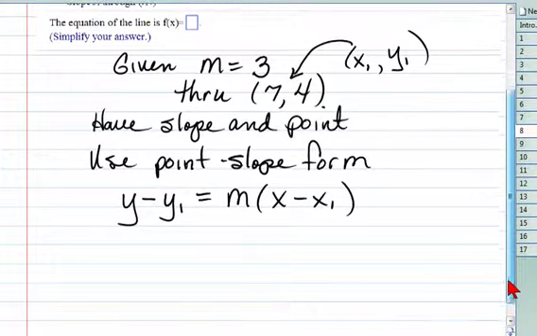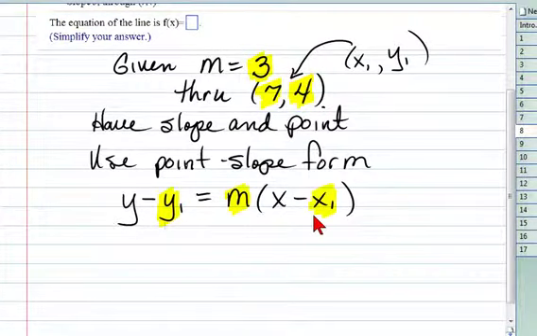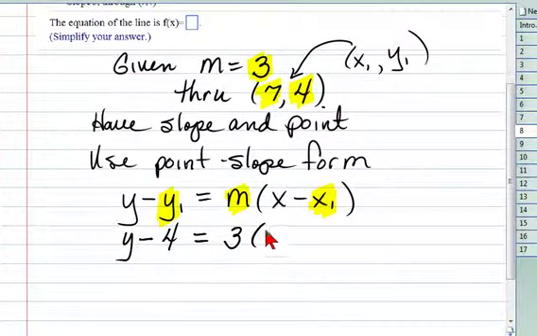So here we go. Do you see that we have the slope? Do you see that we have an x1 and a y1? Then we should be able to plug in here, here, and here. So let's do it. I have general y minus, what is the y1 value? 4 is equal to the slope value, 3 times x minus 7.